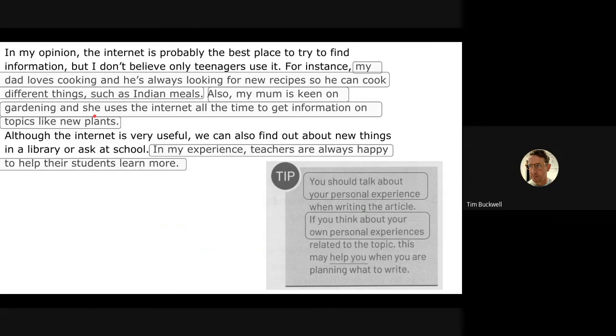And then finally, another personal experience. In my experience, teachers are always happy to help their students learn more. So that's a nice structure and a nice tip. The structure is to use an opinion and give an example. And then the good tip is, if you're giving examples, use personal experience when writing your article.